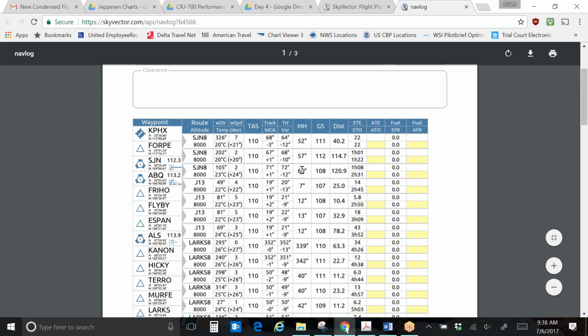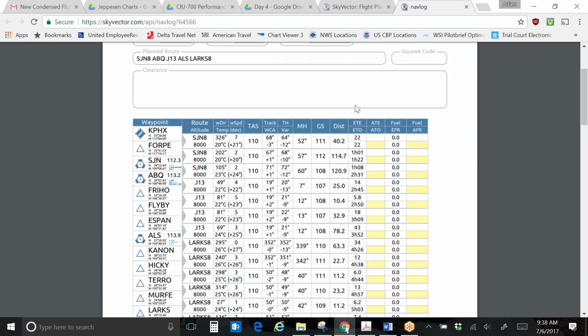And remember, 106 miles is where it is. I'm going to start in Phoenix and start adding these distances together. That first one is 40.2, and then the next one from Fort to St. John's is 114.7. So that means from Phoenix to St. John's VOR it is 154.9 miles.